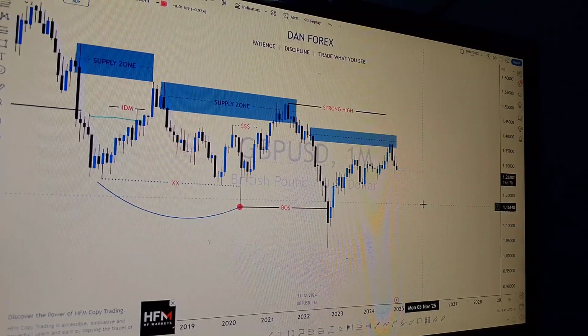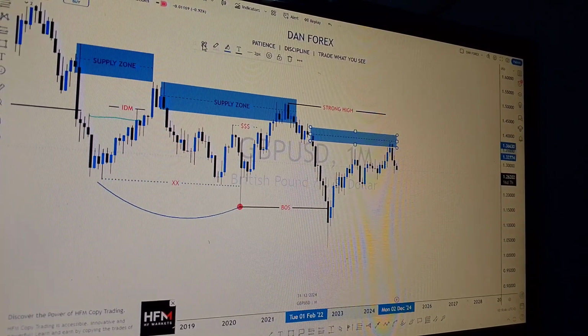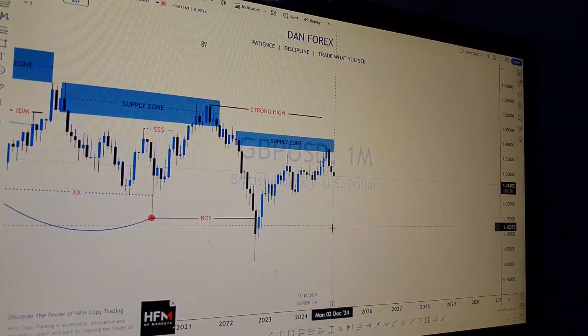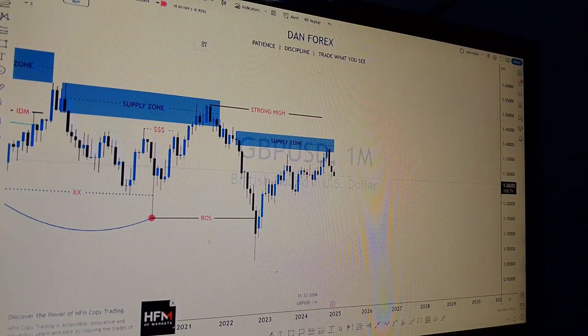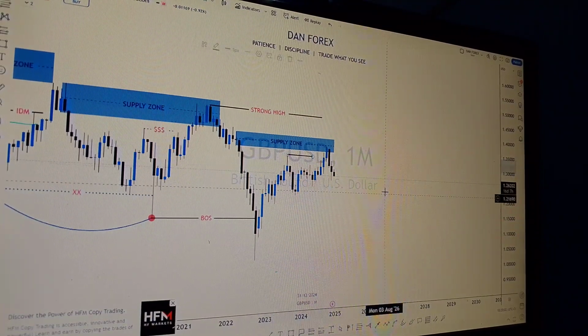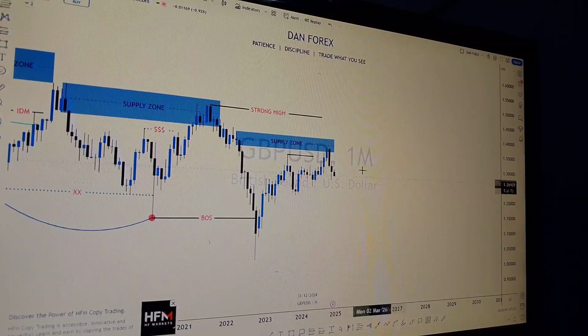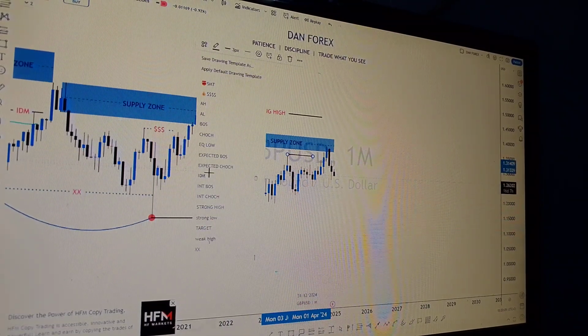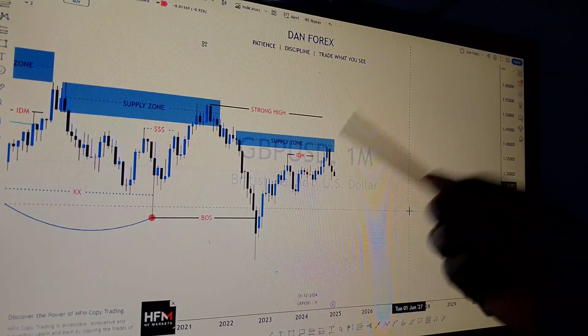All right, so that becomes our supply zone, right? So where is our inducement? This is the inducement. Some early sellers were being introduced at this area, right? So now that becomes our inducement.